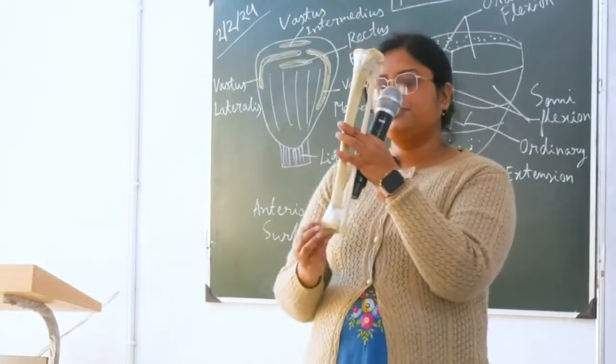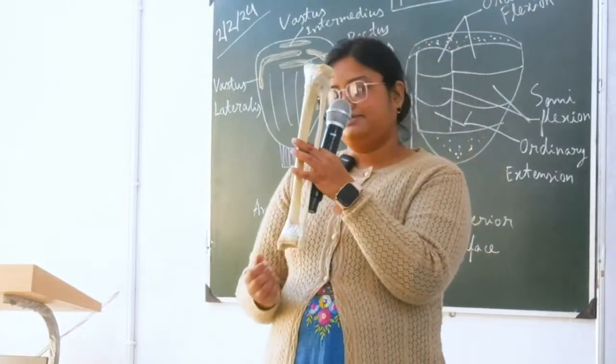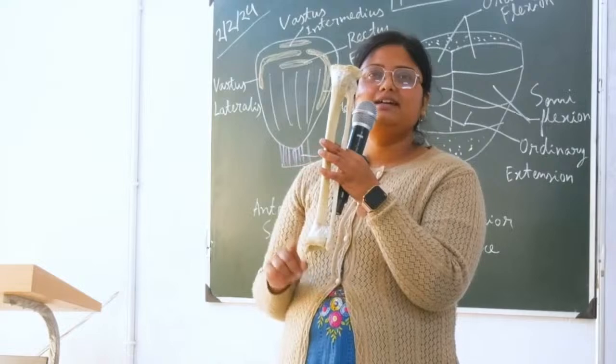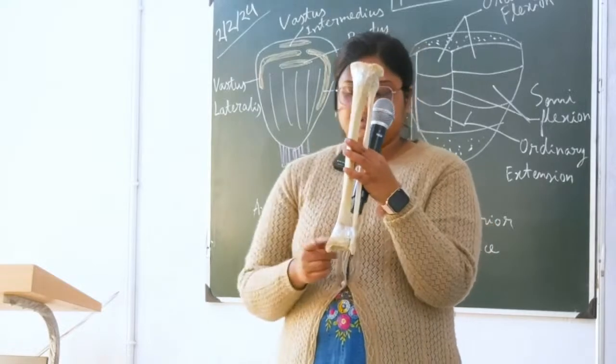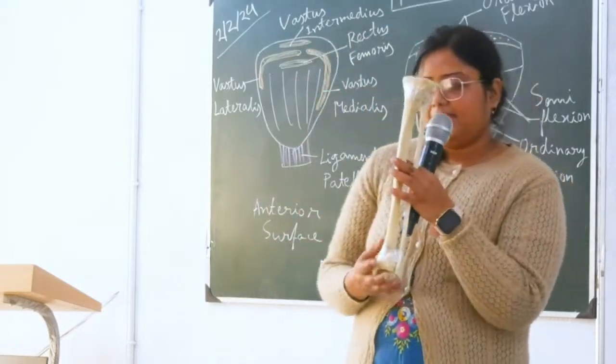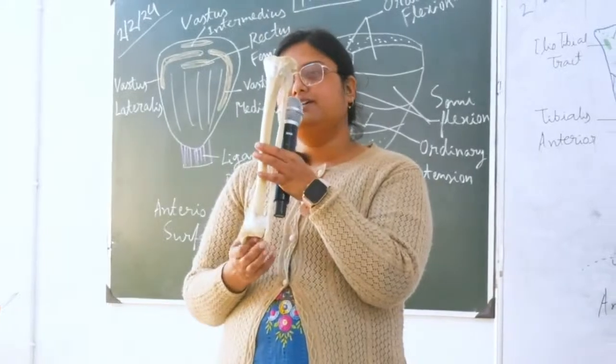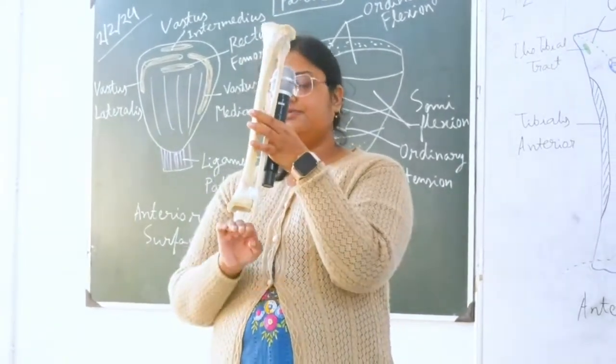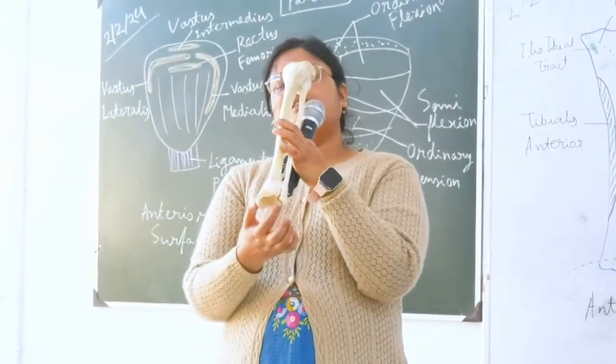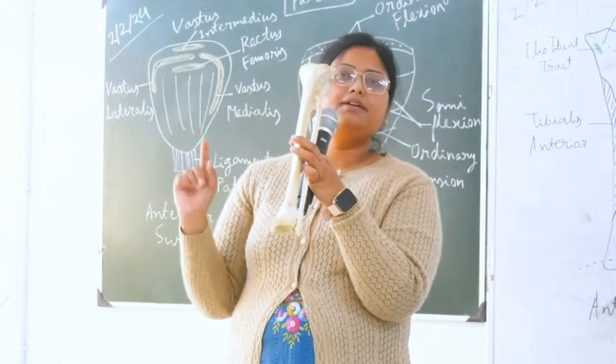Lower end has a projecting part on the medial aspect, known as the medial malleolus of the tibia. Tibia and fibula together form a concave surface known as the tibiofibular mortise.